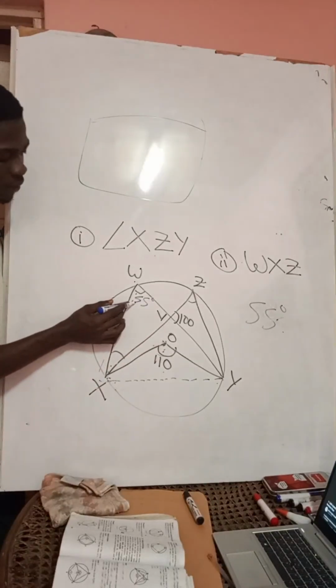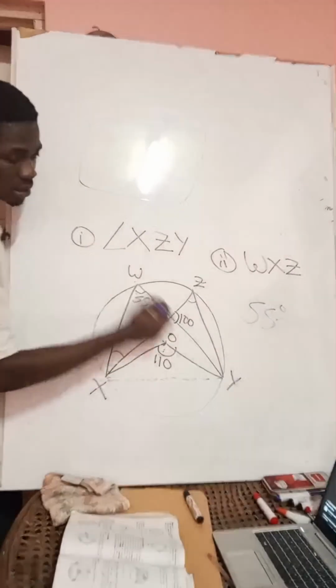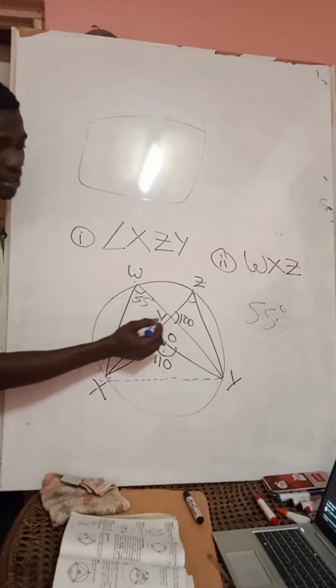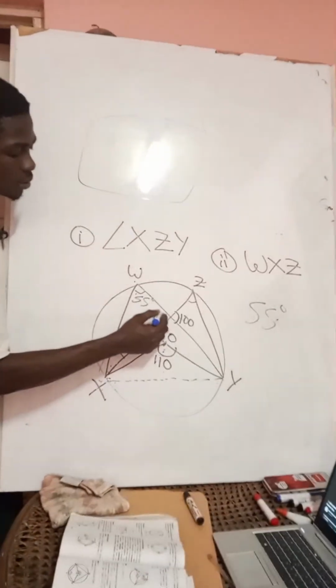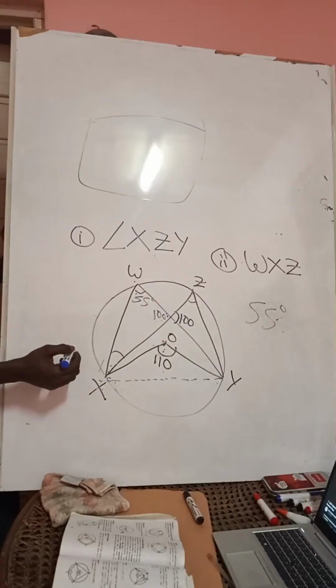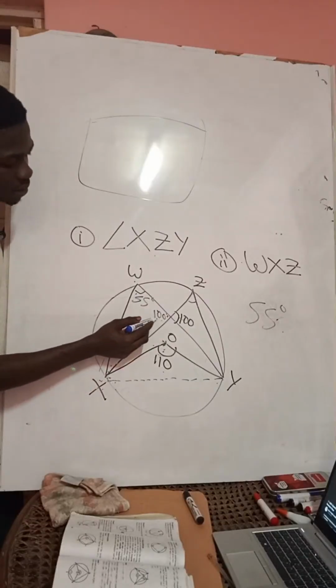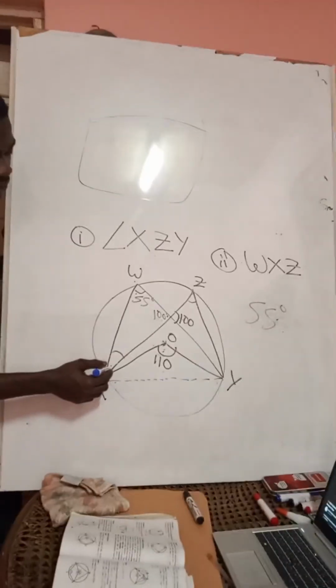If here is 55 degrees, you will see that this line crosses this line, and you know this is a vertically opposite angle, right? So if here is 100 degrees, this side shows 100 degrees. And if here is 100 degrees, how are you going to get this side?